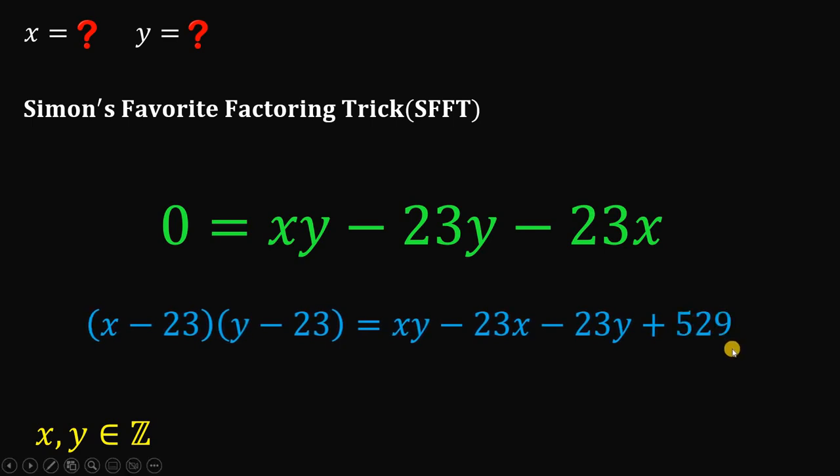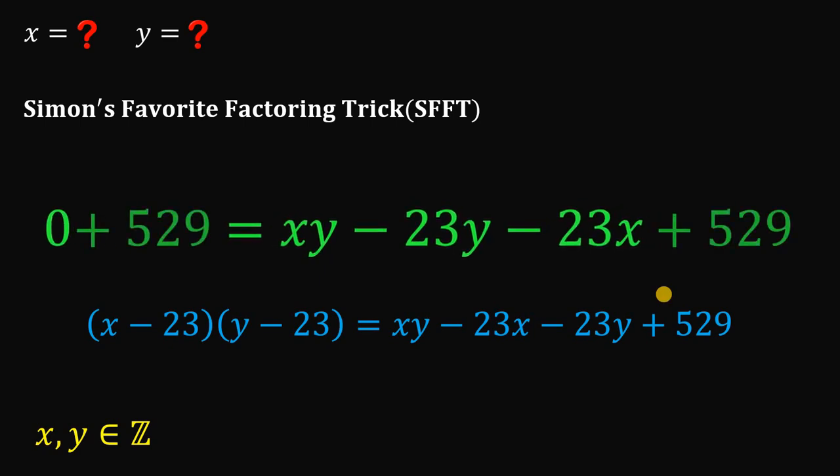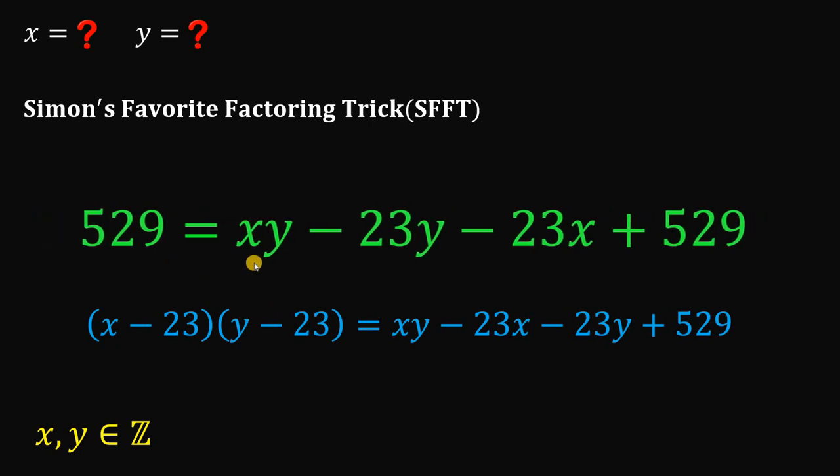which is equivalent to 529. So, using SFFT, what we're going to do here is add 529 on both sides. And now, 0 plus 529 will give us 529, of course.